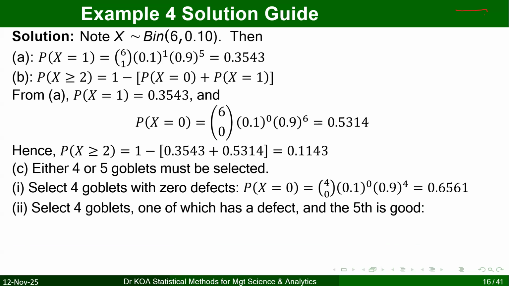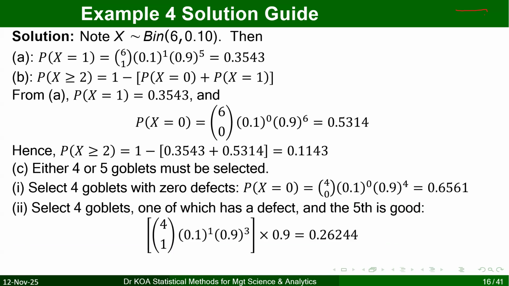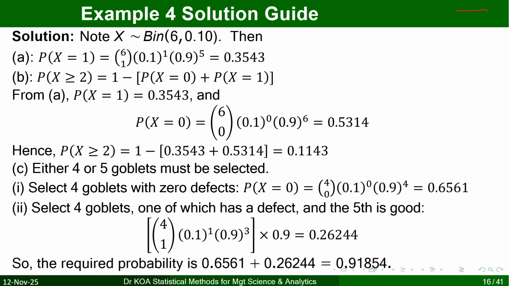The 4 goblets, one of which has a defect or second, and then the 5th is a good one. So you calculate when it is 4, it's 1, and then the 5th is a good one. And then you will now take the 2, and then you will sum them together.